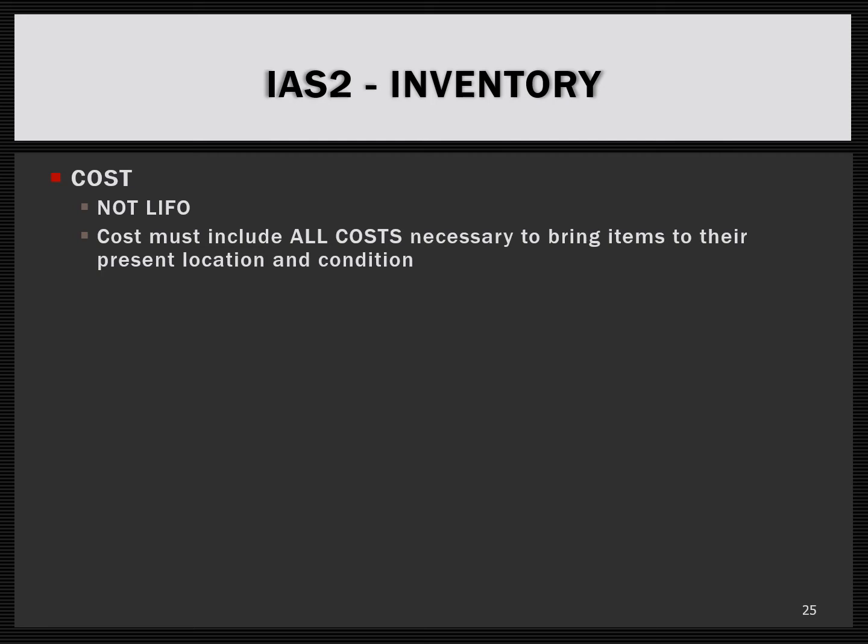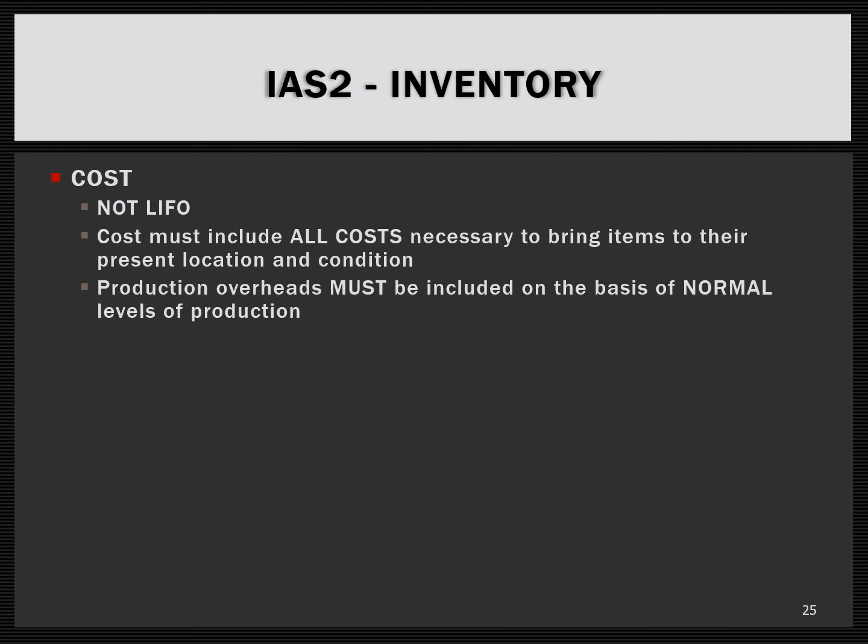And when you determine cost, you must include all costs, as the slide says, necessary to bring items to their present location and condition, delivery costs and so on. The important thing to remember is that production overheads have to be included in that cost figure. So we're looking at absorption costing methods. Those production overheads have to be absorbed into the cost of our stock, and they're allocated on the basis of normal levels of production.